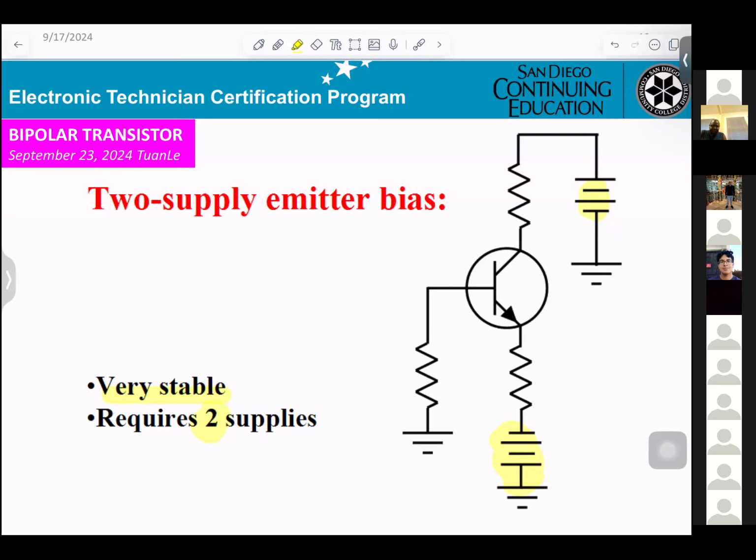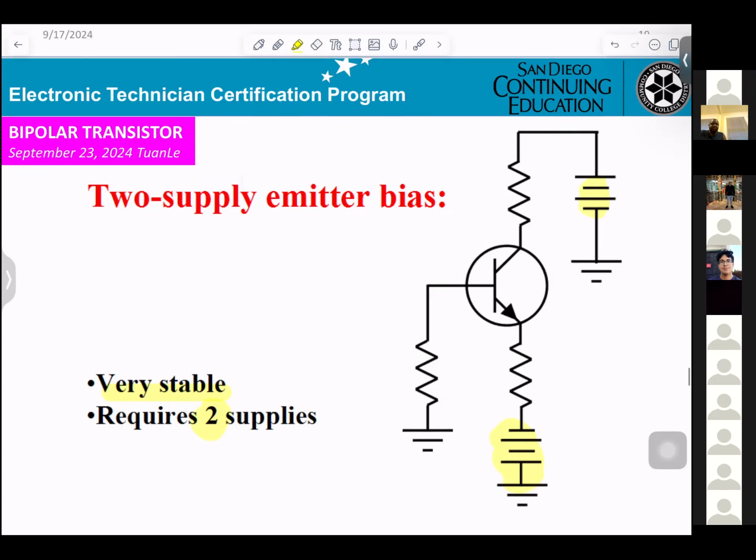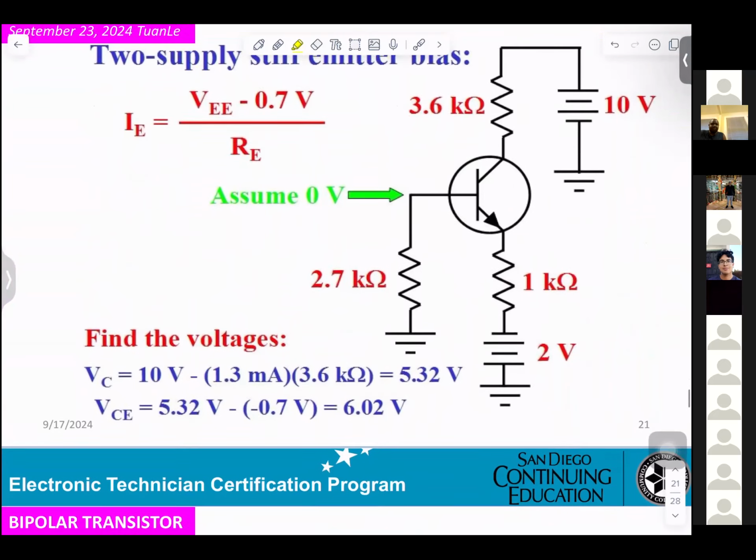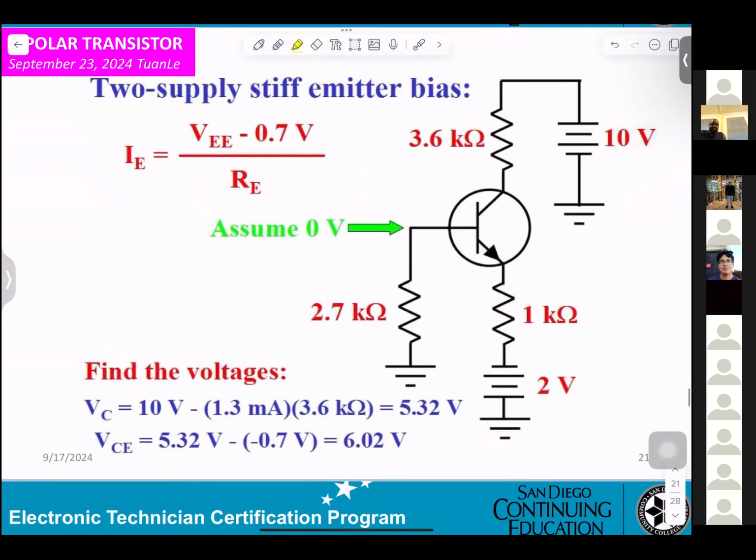The thing is the cost of the power supply will be more. One power supply is good enough, but two power supplies cost more money. So basically you can see most of the time they're not using two power supplies.